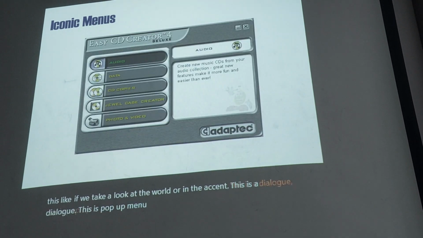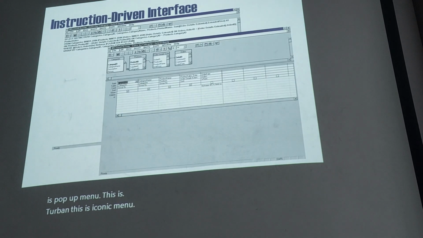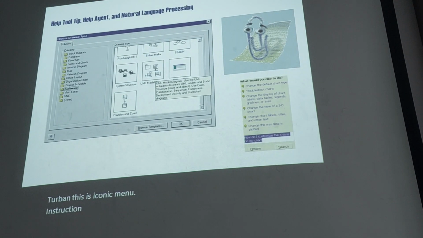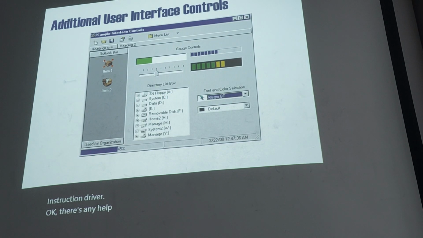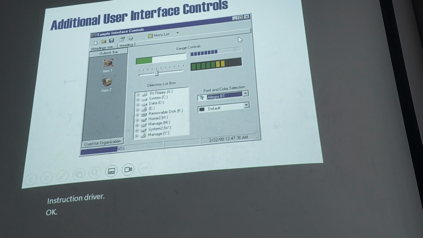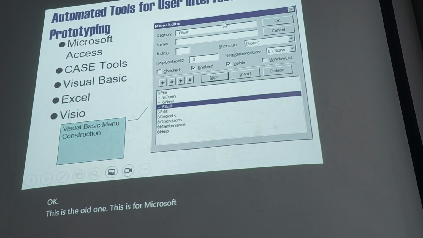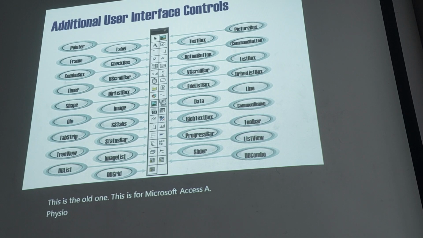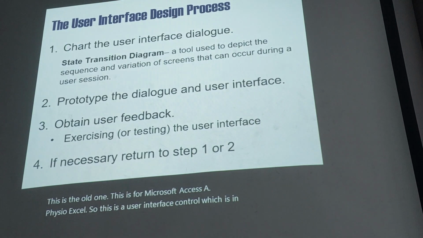This is a toolbar. This is an iconic menu. Instruction driven menu. This is the old one. This is for Microsoft Access, Visio, Excel. So this is a user interface control, in Visual Basic application.